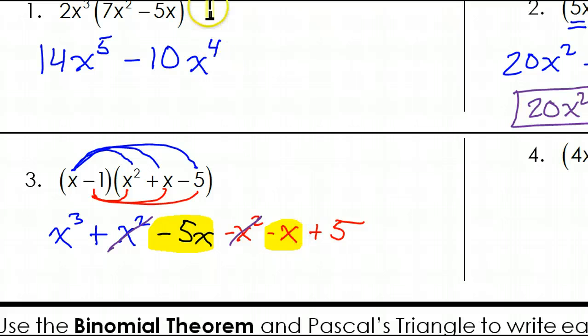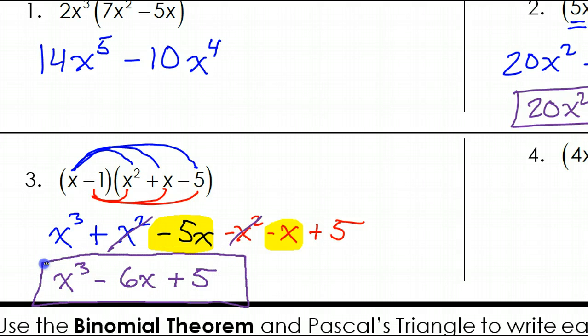Okay, so I'm going to have x to the third power. Negative 5x and negative 1x, that's negative 6x. And then that leaves our lonely plus 5 all by itself. Okay, so that should be your answer number 3.